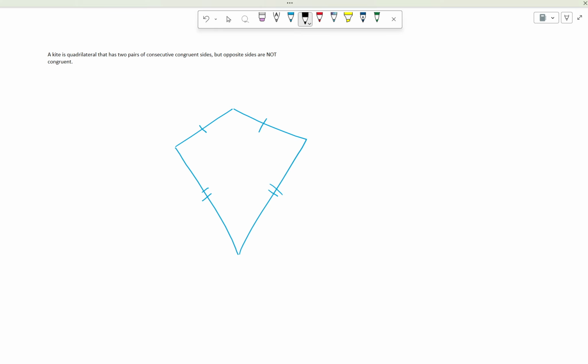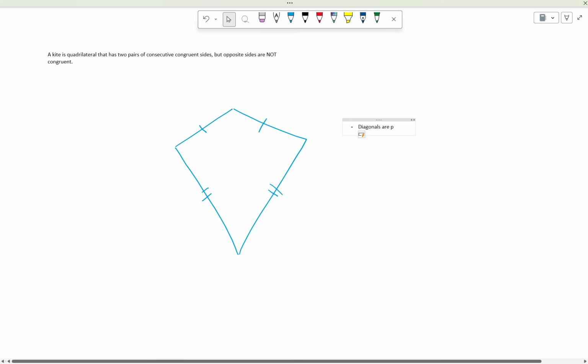So, few things. One, the diagonals are perpendicular. We can calculate that, right? We can take the slopes of the diagonals in a coordinate plane and see if they're negative reciprocals. And exactly one set of opposite angles are congruent, okay?